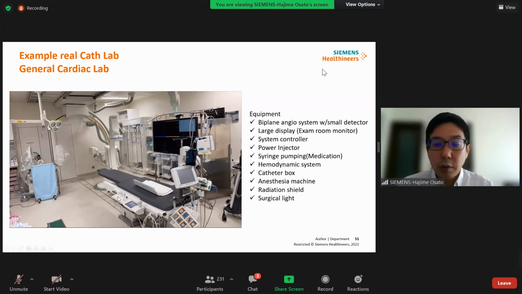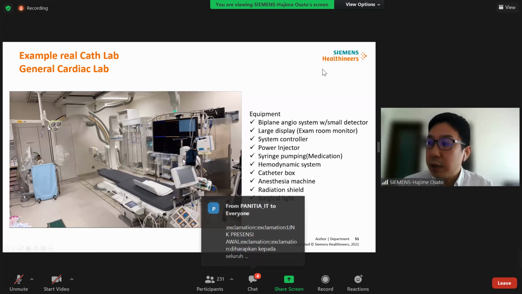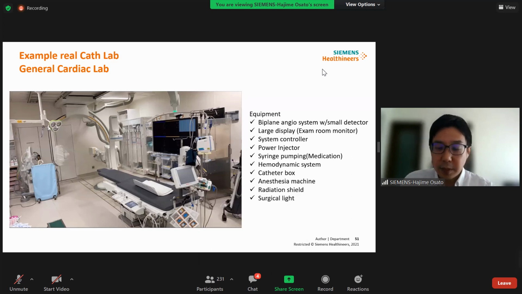There is the system controller, and also the power injector and pumping. The syringe pump for medication is set on the table side, the hemodynamic system connection is here, and the catheter box is in the corner of the room. And the radiation dose shield is here, and we can also find the surgical light replaced from the ceiling.